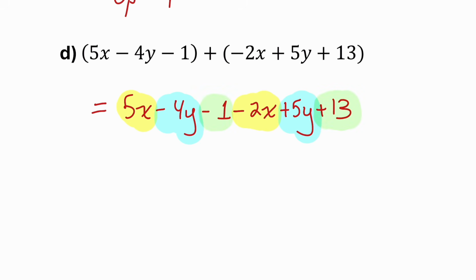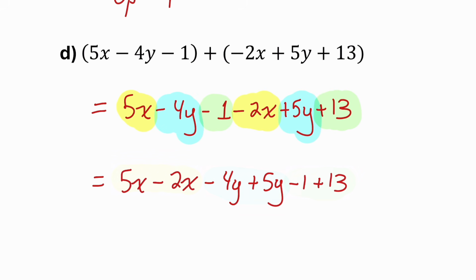Rewriting those with like terms beside each other, since the 5x and the negative 2x are degree 1, and the negative 4y and the positive 5y are also degree 1, but by convention we would probably follow alphabetical order and put the terms with an x before the terms with a y. So I'll put the 5x and the negative 2x as my first group of like terms, followed by the negative 4y and the positive 5y, and then my constant terms, negative 1 and positive 13.